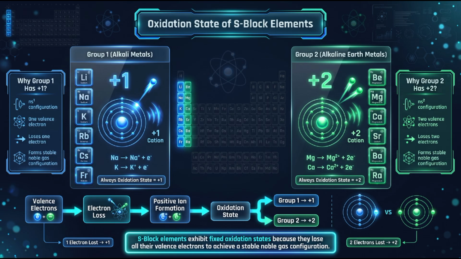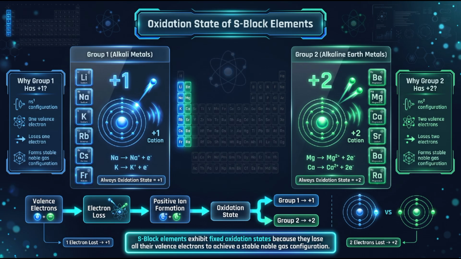After losing electrons, the atom becomes a positively charged ion because it now contains more protons than electrons. Finally, the charge on the positive ion becomes the atom's oxidation state. Thus, the oxidation state is simply the numerical value of the positive charge produced after electron loss. The image summarizes this relationship as group 1: +1, group 2: +2. This simple rule is one of the easiest trends to remember in chemistry.